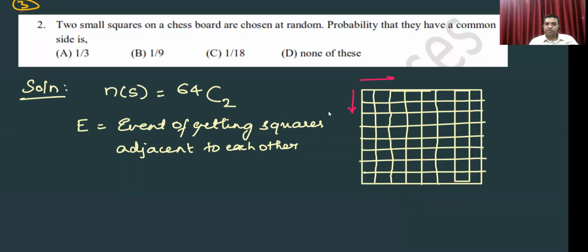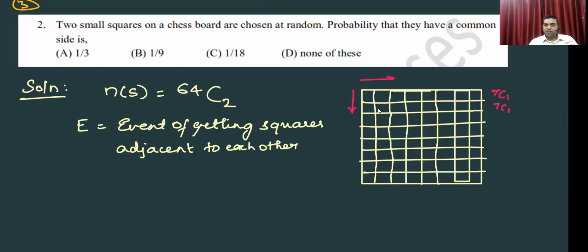Seven adjacent pairs. So here you get 7C1. From the seven pairs, you get any one as adjacent. Similarly, for the second row, you again get 7C1.